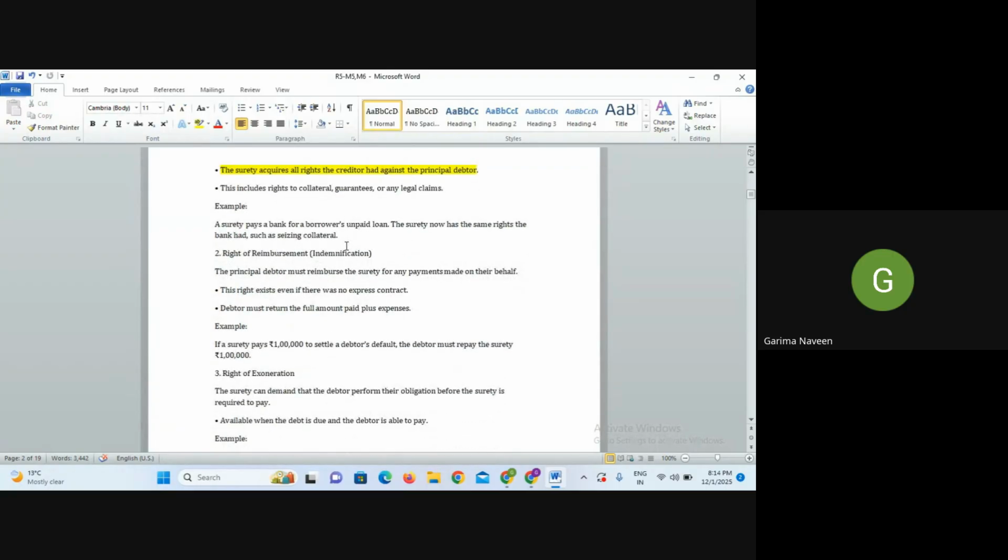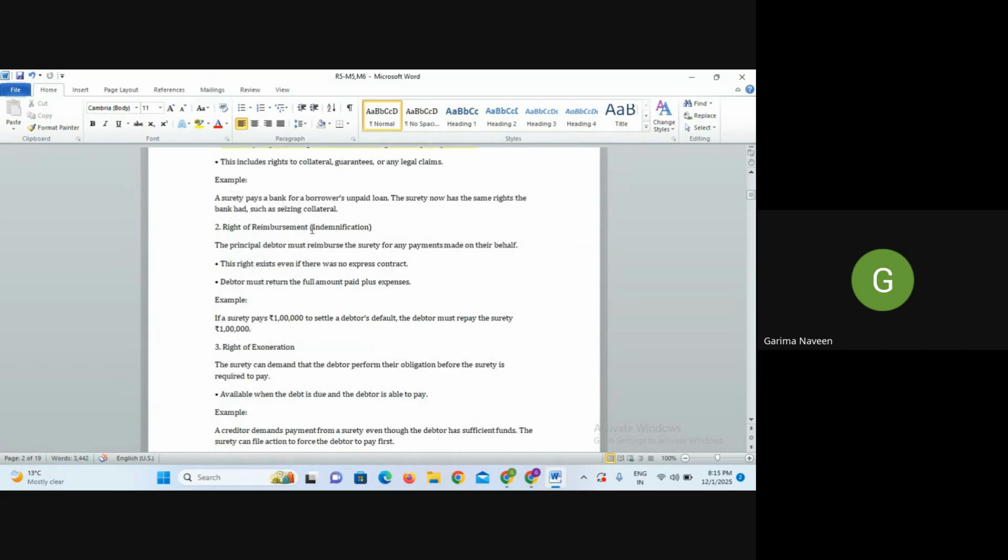Okay, is it clear? Yes. Next is right of reimbursement. So reimbursement means the principal debtor must reimburse the surety for any payment made on their behalf.